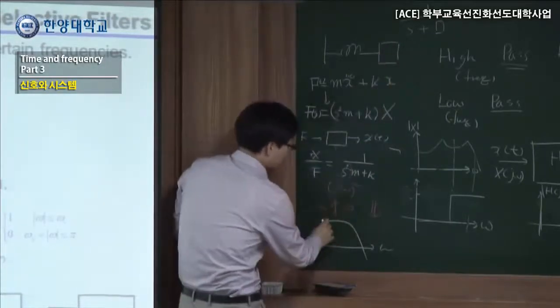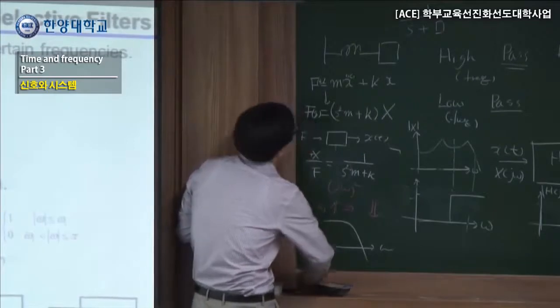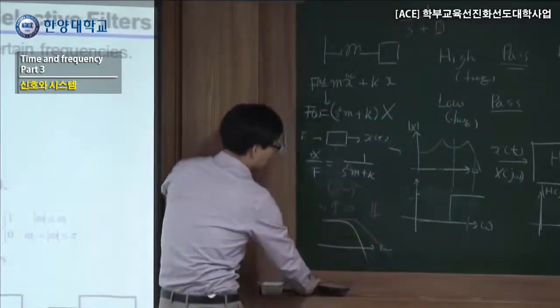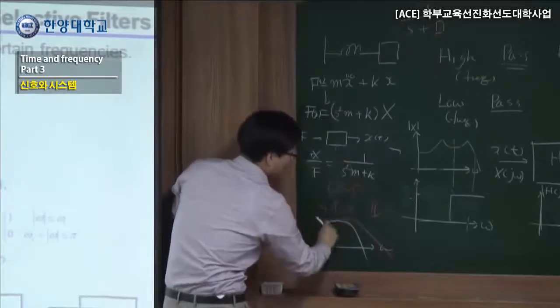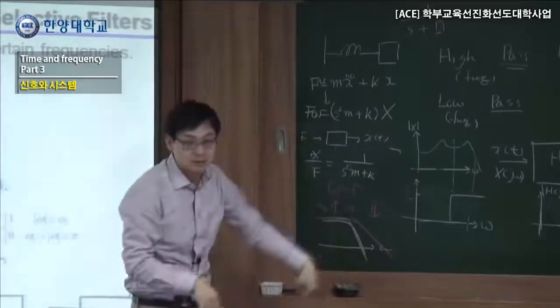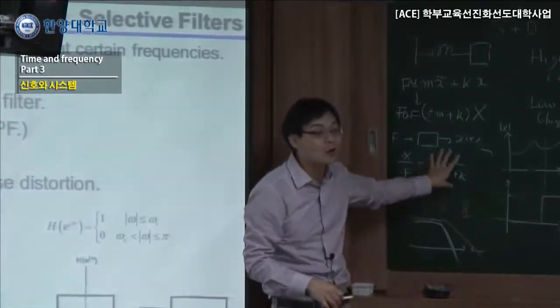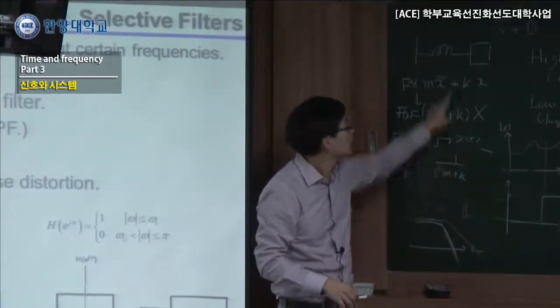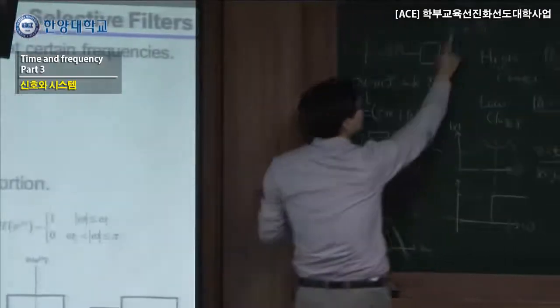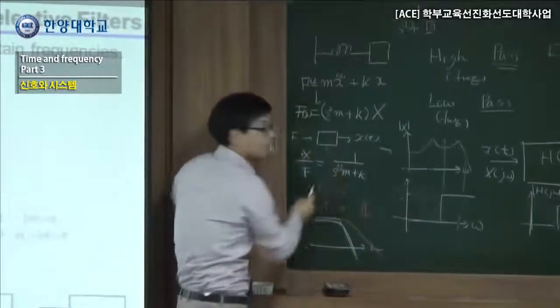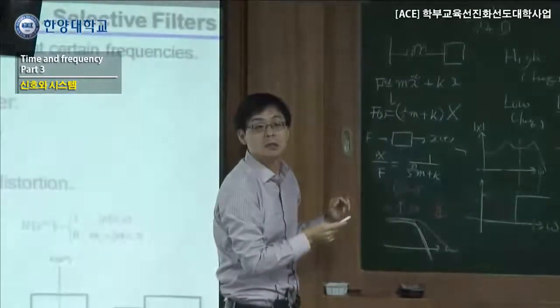So if the slope for this one is like this, then the slope for this one will be sharper because they drop faster, right? Because this one is called a second order filter. This one is over 1, the first order filter. This one is a second order filter, right?